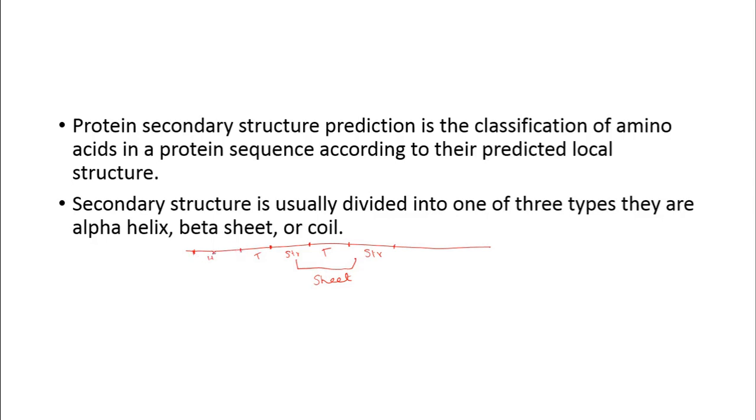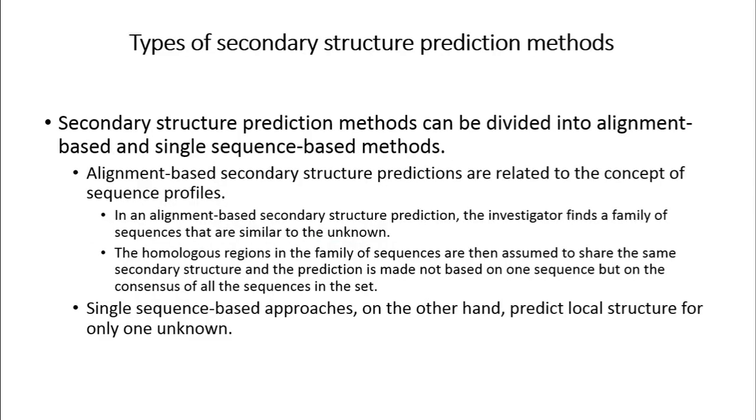What are these local structures? These are alpha helices, turns, strands. The strands can eventually form sheets, right? So this procedure is called protein secondary structure prediction, or assigning the secondary structure to the given sequence. Okay, so we have already discussed that these local structures can be alpha helix, beta sheet, coil or turns. So this is what you do in your secondary structure prediction, right?